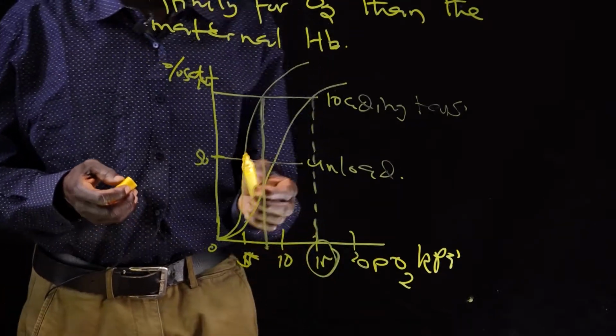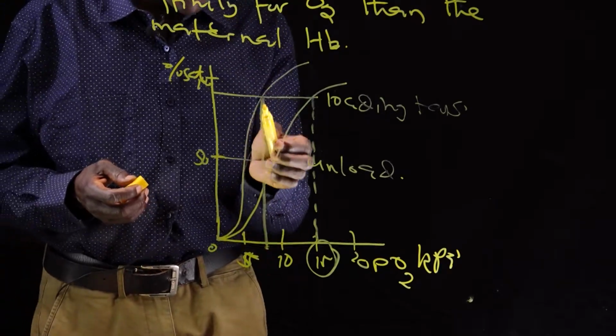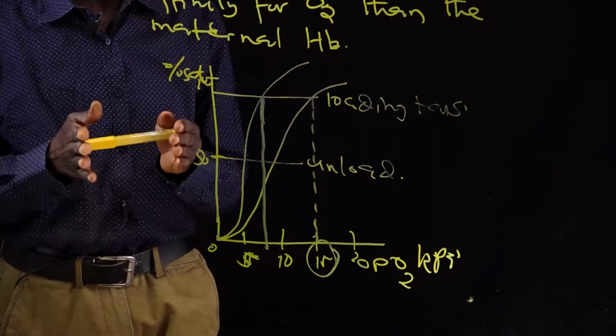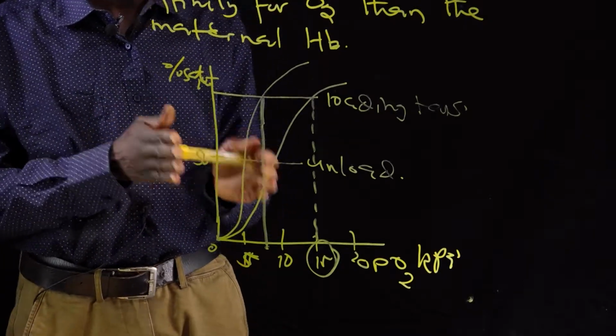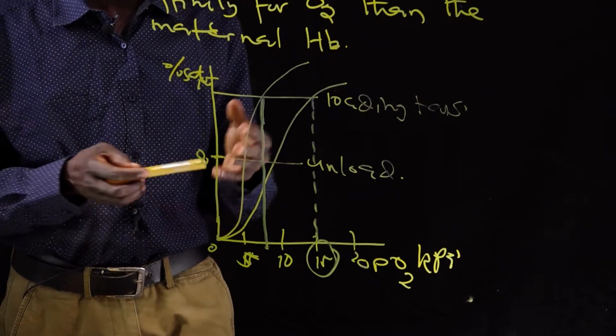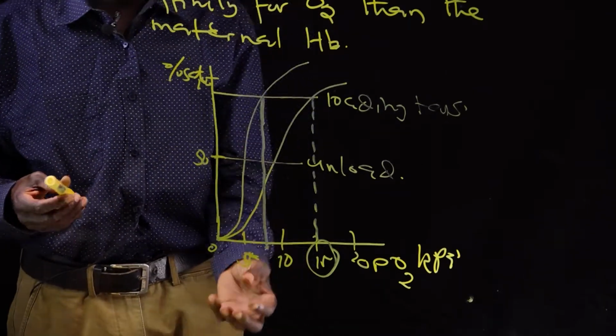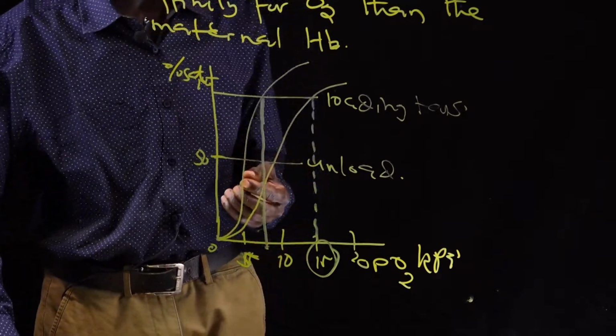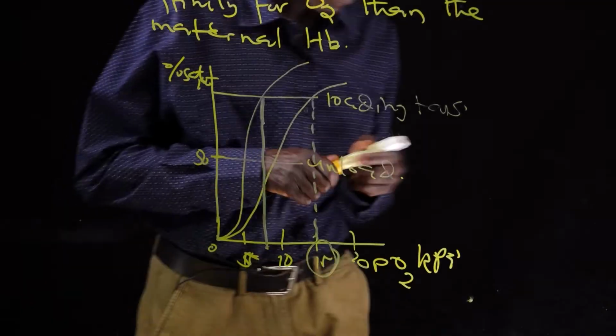So hemoglobin which is able to pick oxygen even if its tension is very low is the one which possesses a high affinity for it. It means that it has the ability to take oxygen even if its concentration is very low.